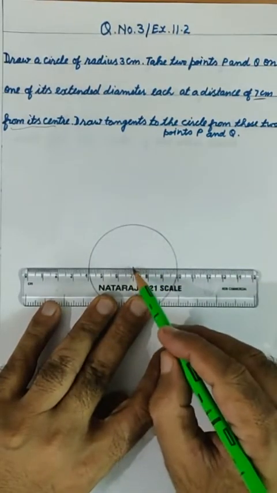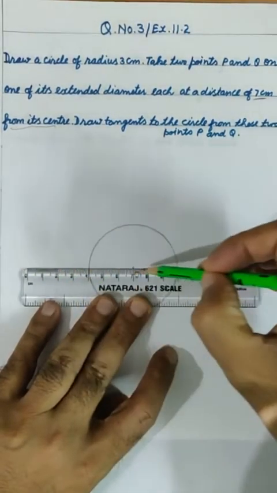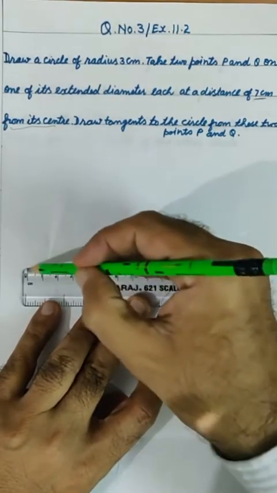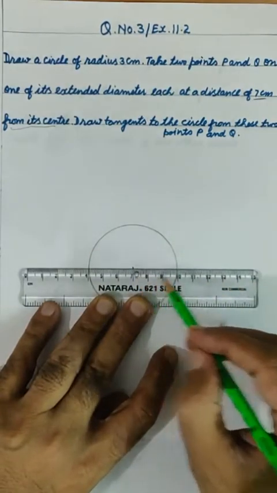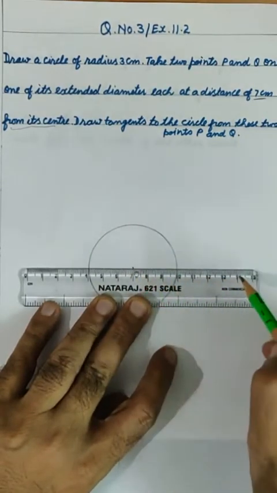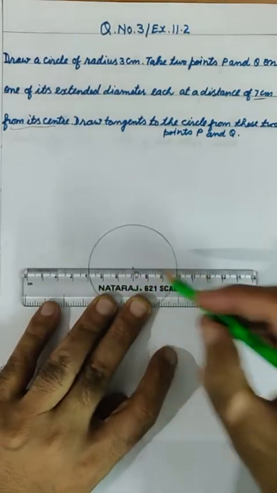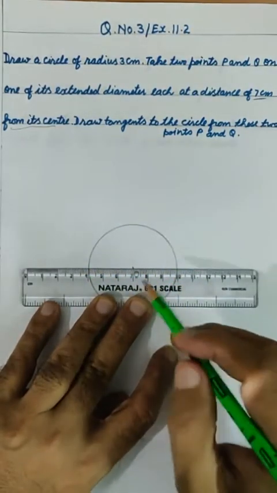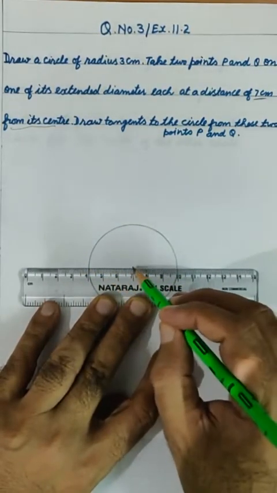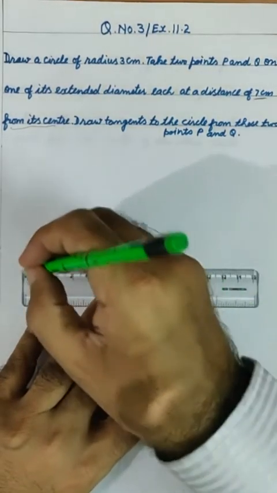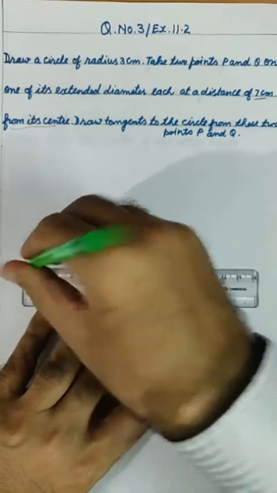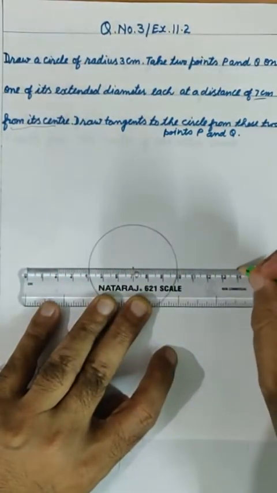I am taking it because the point P is 7 cm away from the center and Q is 7 cm away from this center O, and it is an extended diameter. It means it is passing through this. That's why I took this 7 at center O, and then I took this point P, or this is at 14.